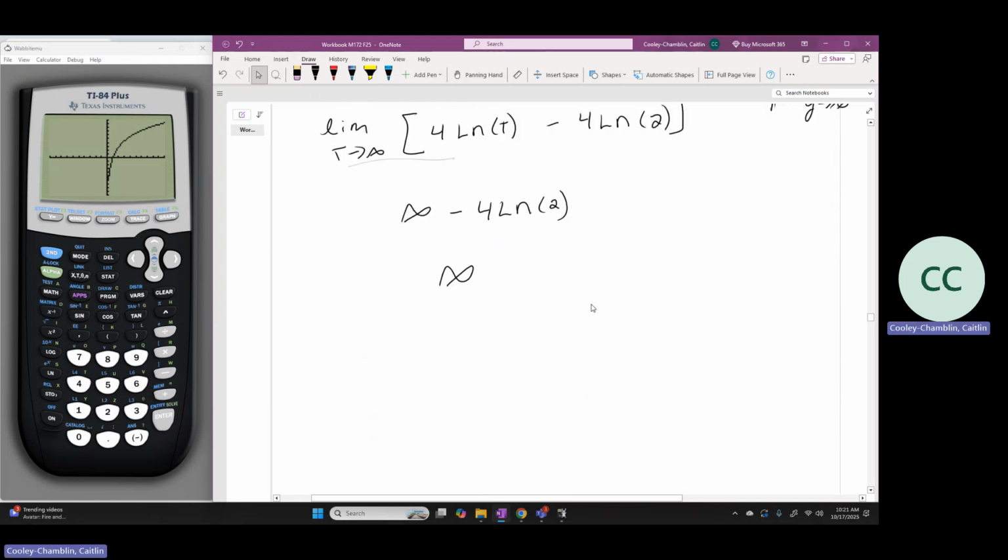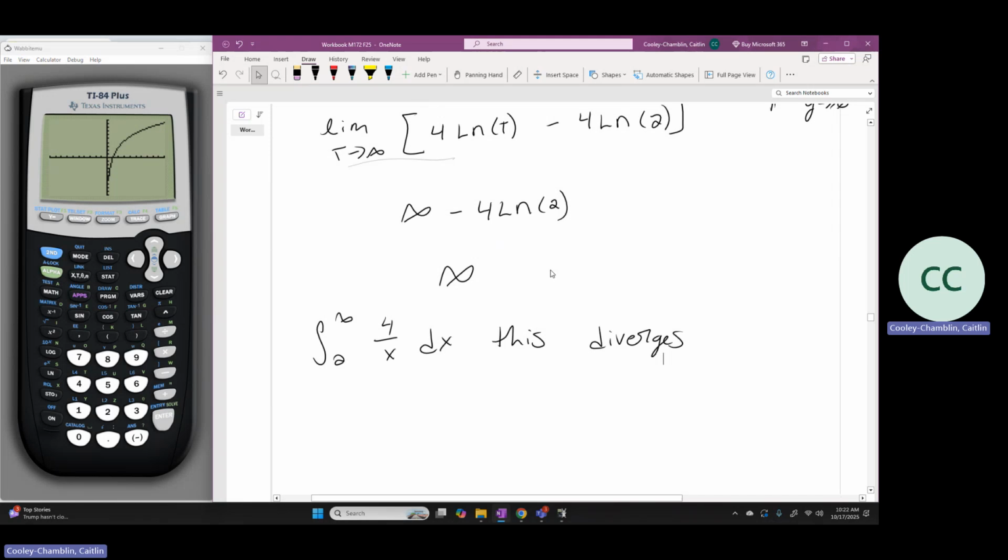So what we say is the integral from 2 to infinity of 4 over x dx, we're going to say this diverges. It doesn't go to a number. So it goes to infinity, it blows up. We don't know how big it is.